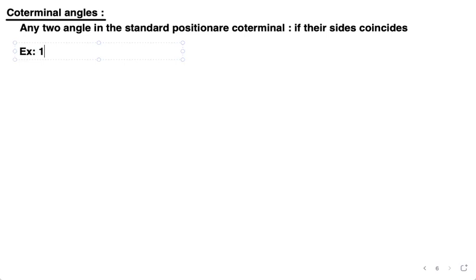Number one: find an angle that is coterminal with angle theta in standard position.